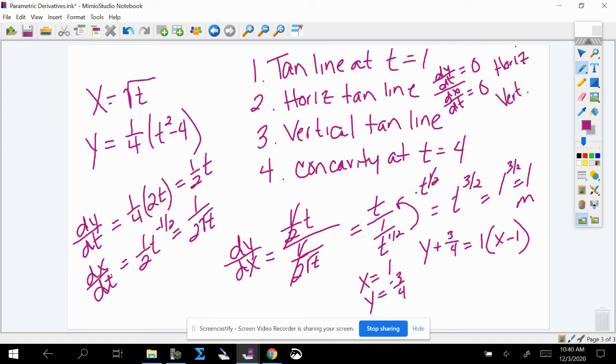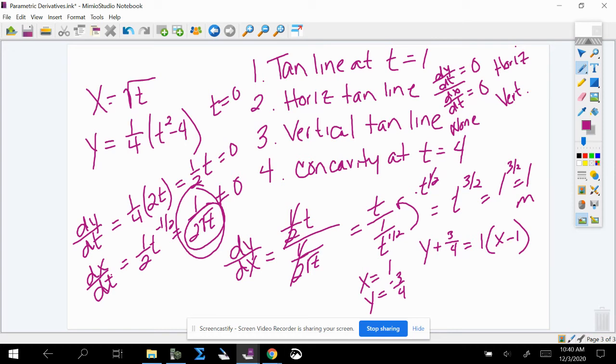With this one, my horizontal tangent line is when this equals 0, which is when t equals 0. My vertical tangent line is never going to happen, because the denominator will never equal 0. You would only get an undefined value. So you have no vertical tangent lines, but you do have a horizontal tangent line at 0.